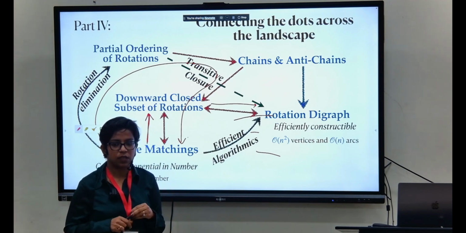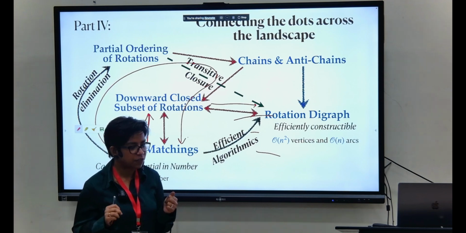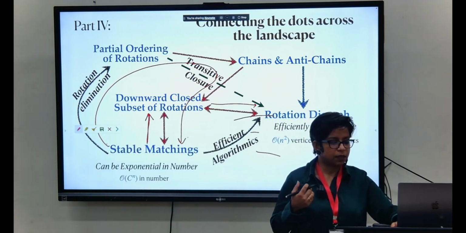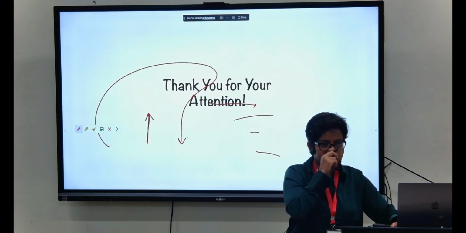Every non-trivial algorithm about stable matching that I can think of since the late 1980s has used rotations. Such is the power of this mathematical object called rotation, the closure property of rotation digraphs. Okay? So, with that I end.